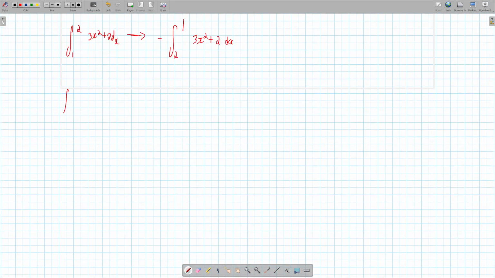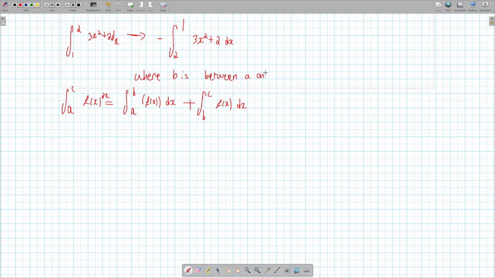The second rule is the integral from a to c of f of x dx is equal to the integral from a to b of f of x dx plus the integral from b to c of f of x dx, where b is a number between a and c.